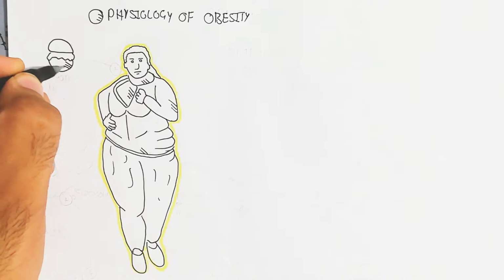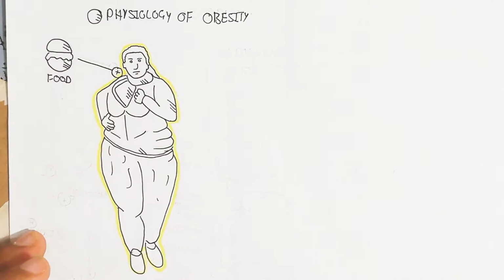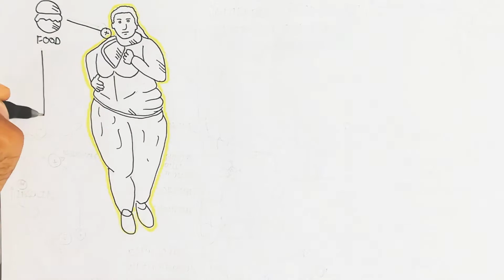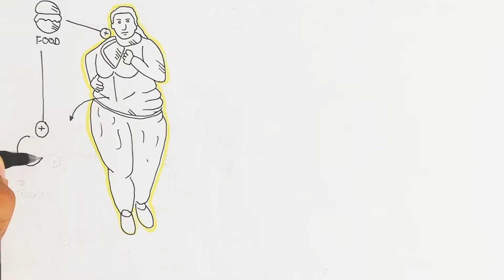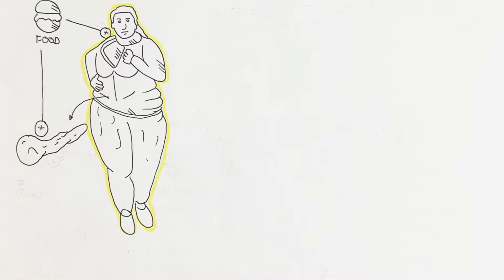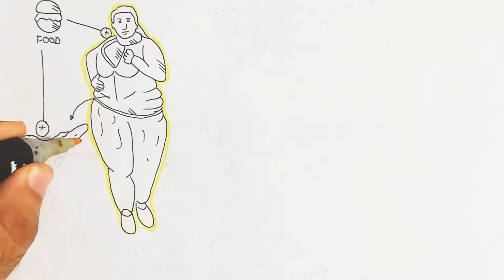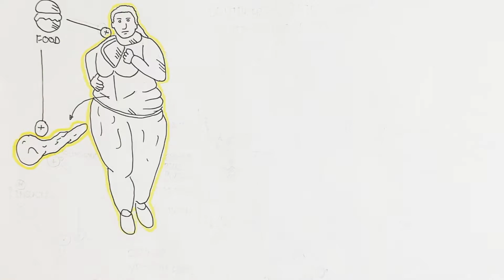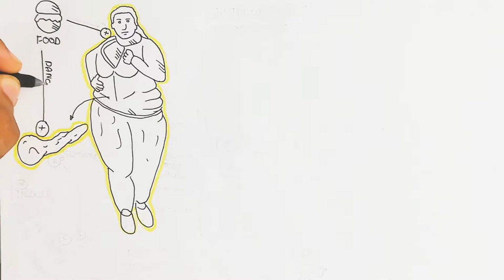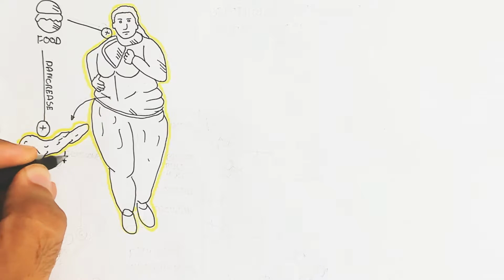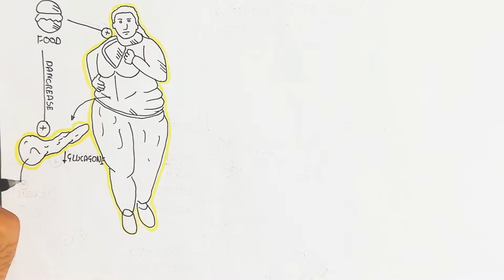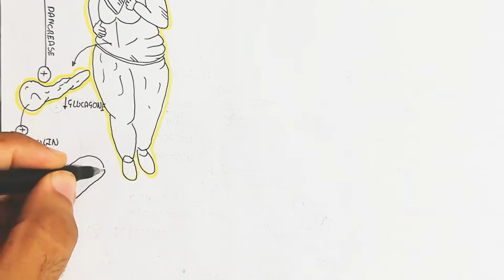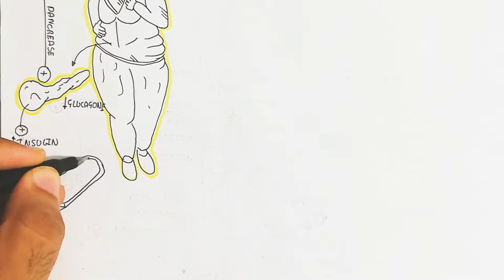Due to obesity, the desire for food increases through several processes, but here we will understand the general mechanism. Food stimulates the pancreas, and when we eat food containing sugar, glucagon drastically decreases while insulin increases due to the glucose.